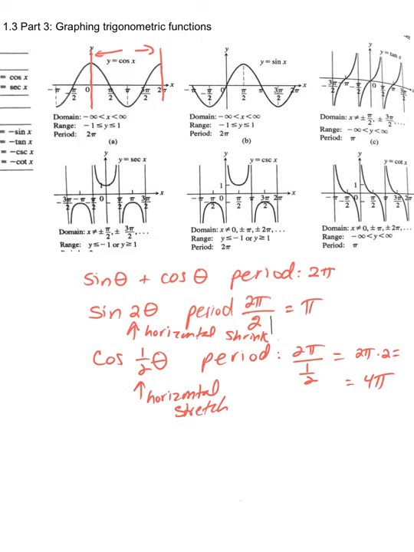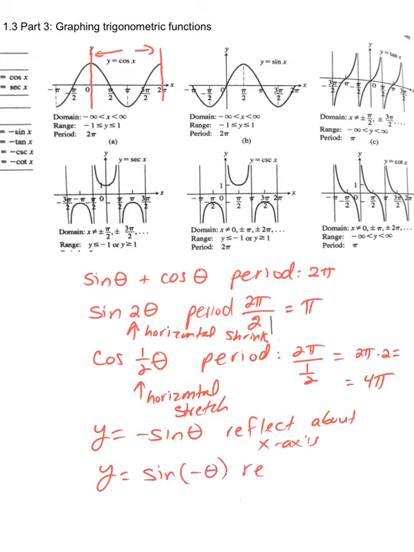You can also have the typical reflections. For example, that would be a reflection around the x-axis. Whereas this would be a reflection around the y-axis.